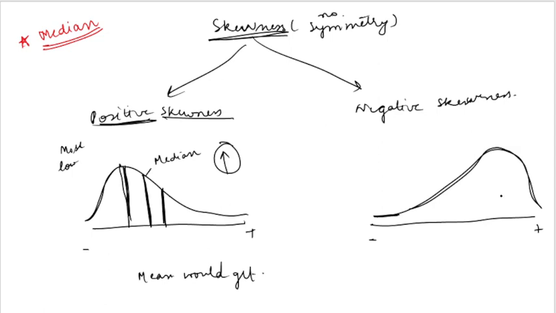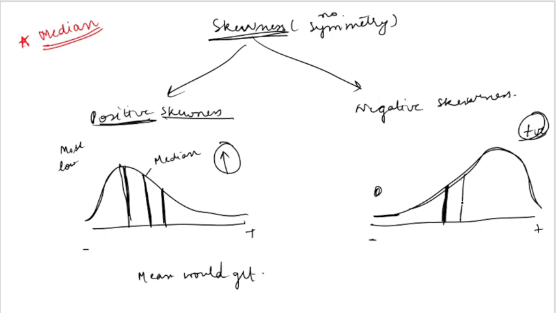Same goes for negative skewness. Most of the people will score very high. Maybe there was an easy test, and most of the people got very high scores. But there would be a few people who still got a 0. Maybe a few people were absent. Because of those people, our mean, our average would get stretched towards the negative side.